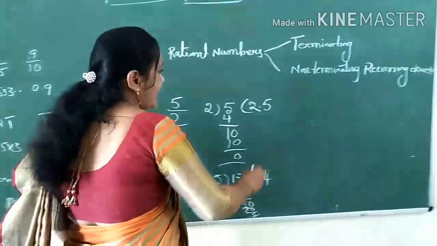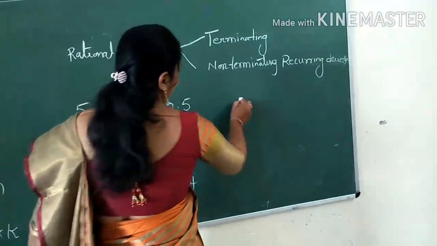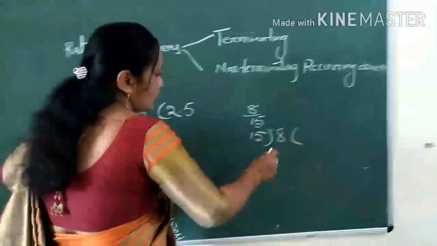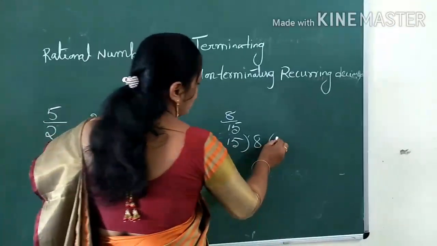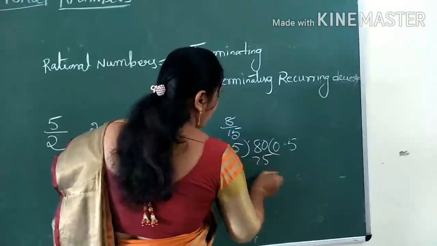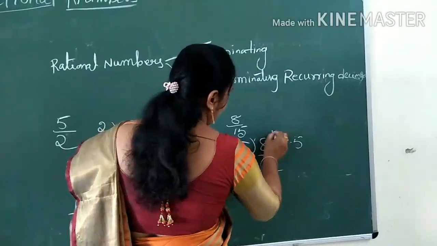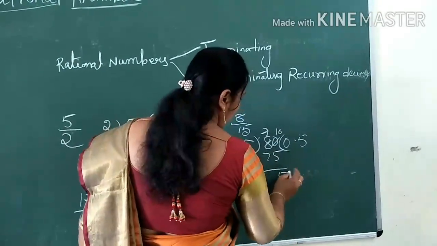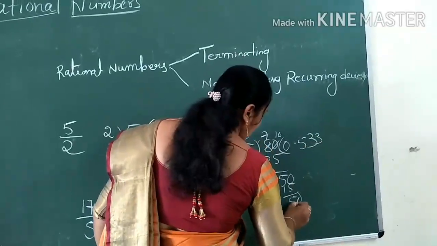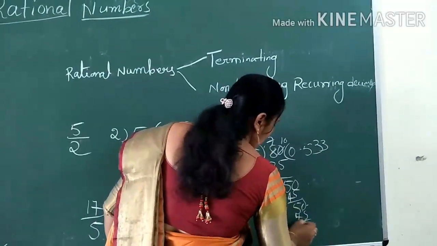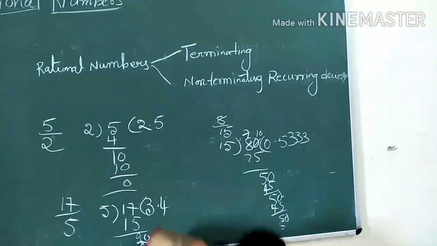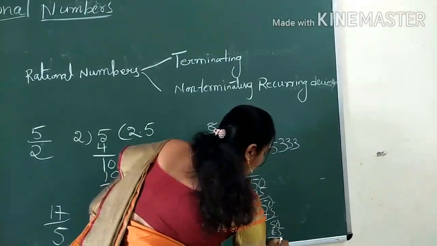Next, one more example, 8 by 15. 8 by 15 means 15 divides 8. The 15 table has no 8, so we put 0 and continue: 80, 5 fives are 75, remainder 5, then 50, 5 threes are 15, 45, and so on.